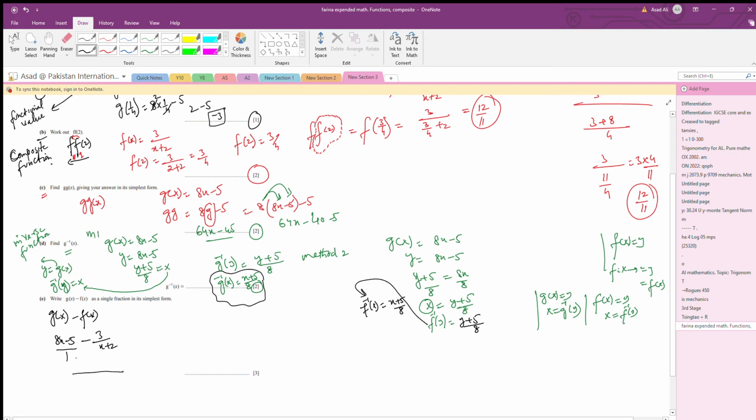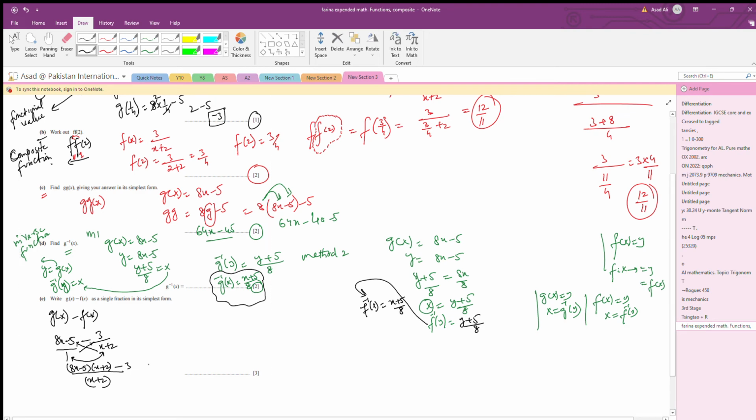LCM is multiply these two, and then this with this, and then this with this. So x plus 2 comes here, because x plus 2 into 1 is x plus 2. x plus 2 into 8x minus 5. So 8x minus 5 into x plus 2 minus, see, 1 into 3. The minus is there, the minus of the expression.